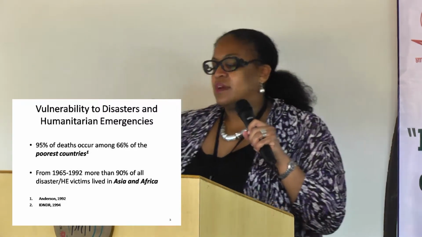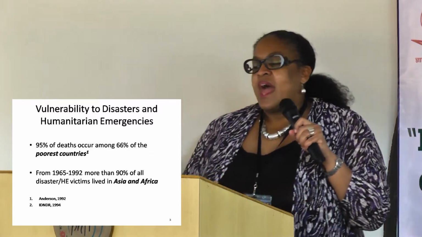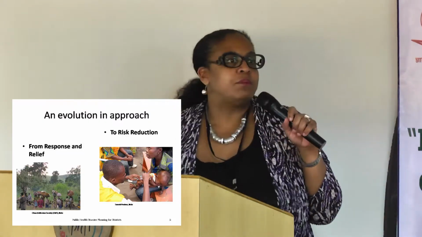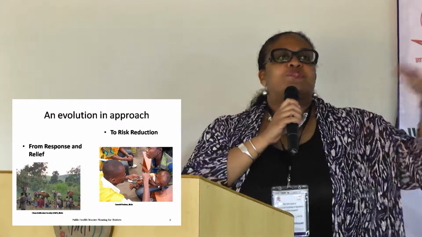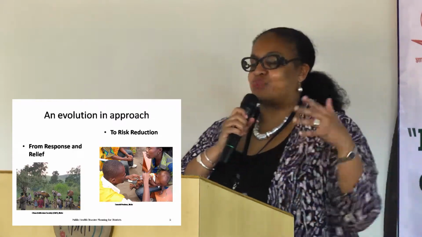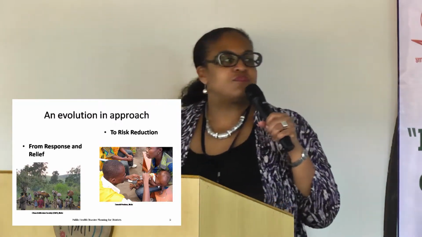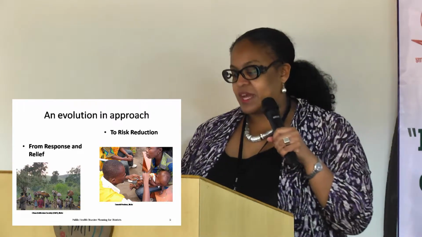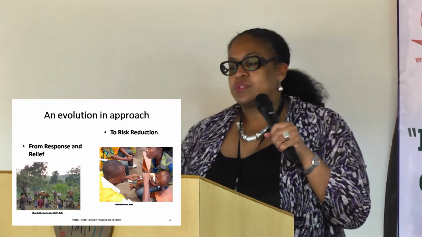In fact, a lot of this occurred in Southeast Asia and Africa. In the last 20 years, there has been more of an evolution in the approach, as opposed to just responding and addressing from a relief perspective, toward an idea of risk reduction and planning. And so that's how the discipline of public health preparedness has emerged.